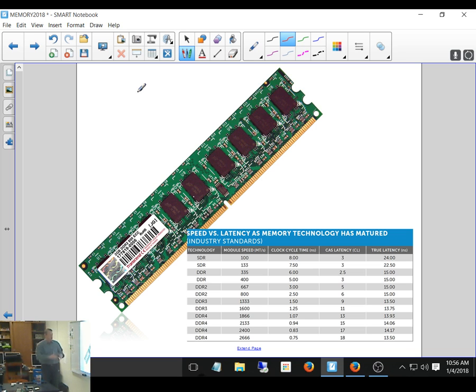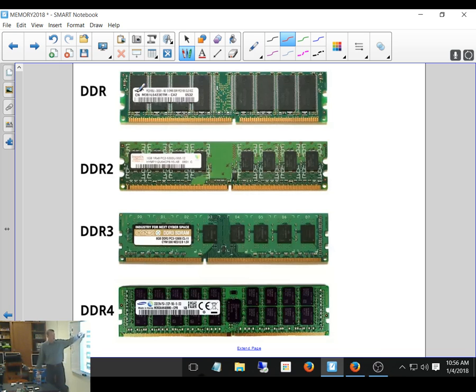So we've gone through generations of DDR, and as it's gone, the notch has moved. The number of contacts changed, but the physical size is exactly the same. If you held them up to each other, the length of a stick of RAM since we came out with DDR has stayed exactly the same.